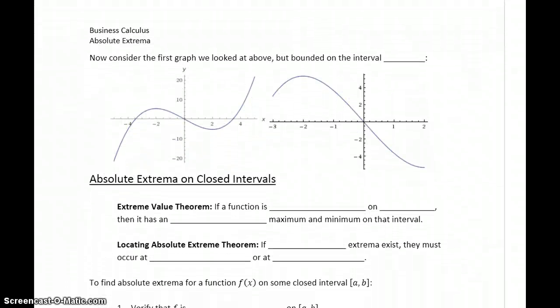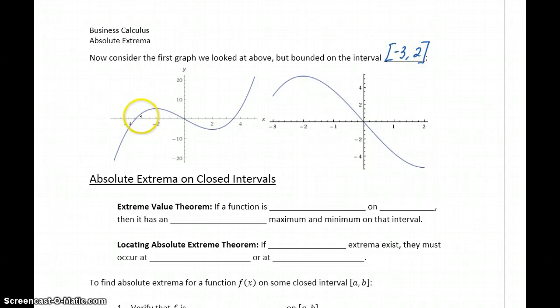We can also see that if we take a graph that doesn't have an absolute maximum or minimum, but then restrict it to a certain interval, we do end up with absolute maximums or minimums. So what we're going to do is consider the graph that we had above, but in this case we're going to restrict it to the interval -3 to 2.